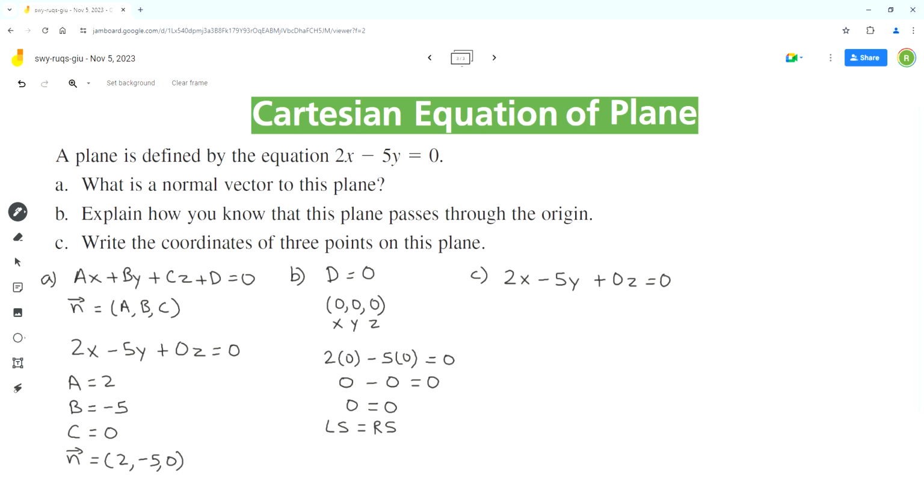We can find a point on this plane by assuming values for 2 coordinates and then using those values to find the value of the third coordinate. For the first point, we can assume y is 2 and z is 0. So we'll sub in these y and z values in the equation.